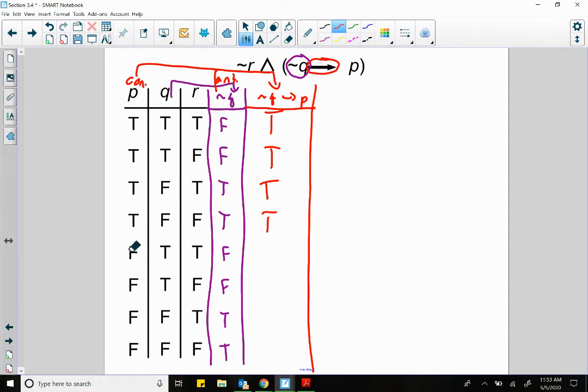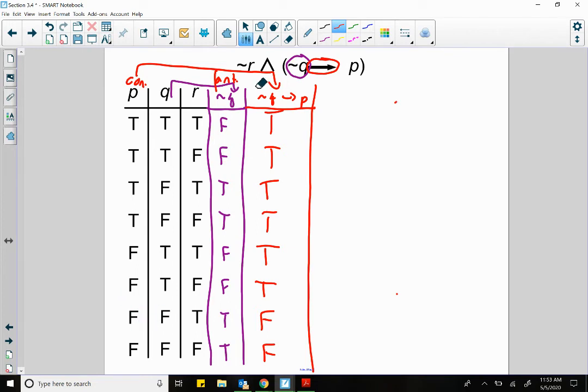We've got false to false. That is true. We've got false to false. That is true. We've got true to false. That's the false case. And true to false, that's another false case. So there is the conditional with its truth values for this, going from the antecedent to the consequent. And conditionals are only false when the antecedent is true, the consequent is false.